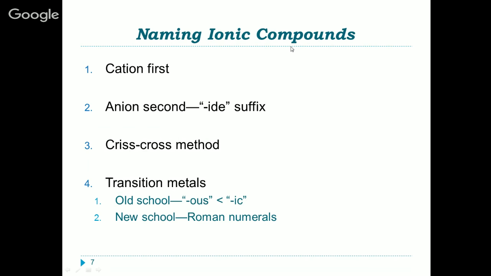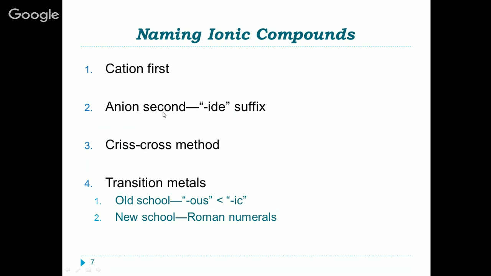When we name ionic compounds, your cation will always come first. Generally speaking, that means our metal. Our metal shows up first. If we look at our periodic table, metals show up first. If I read my periodic table like a book, metals on the left, non-metals on the right. We know my metals become positive. So positives come before negatives. The anion is second. That's our non-metal, generally speaking.